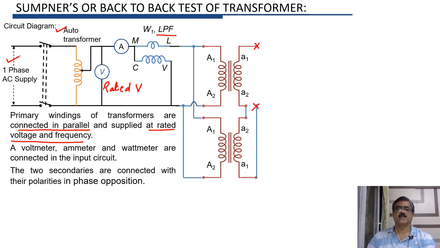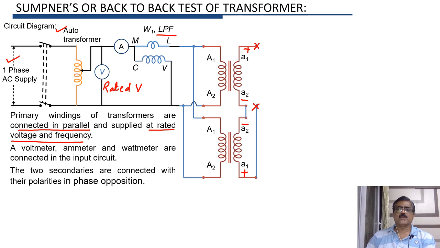Let us check that. So here at a particular instant, if this terminal small a1 is positive, obviously at the same instant a2 will be negative. Now for second transformer, at the same instant terminal a2 will be negative and a1 will be positive.